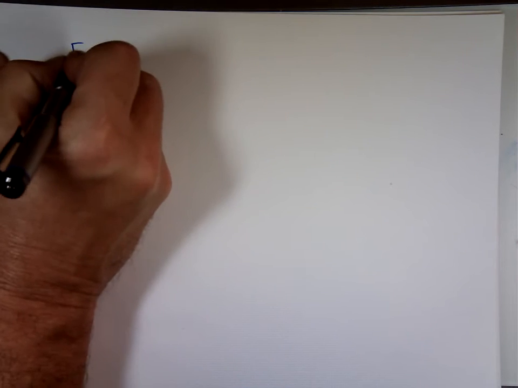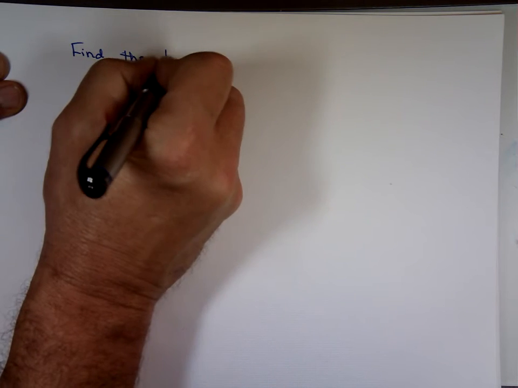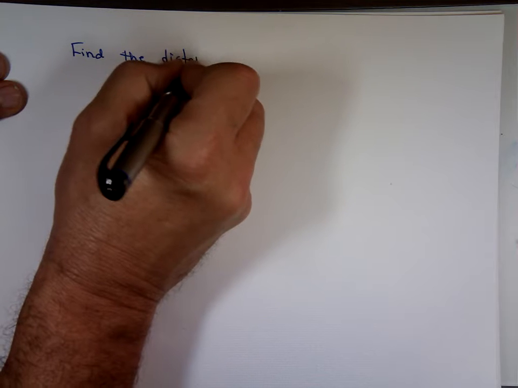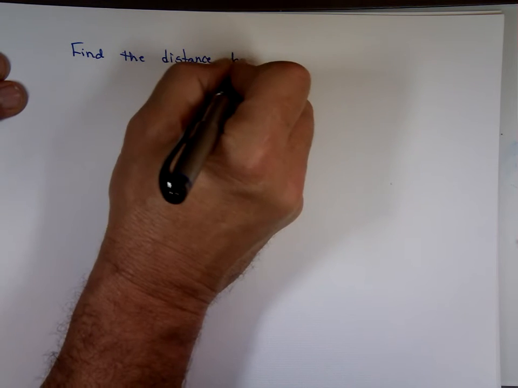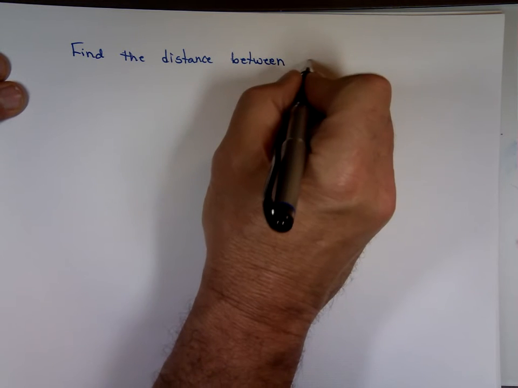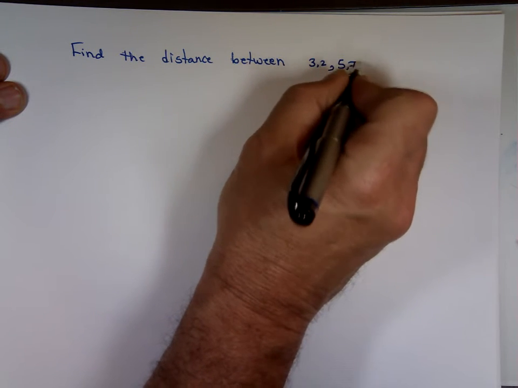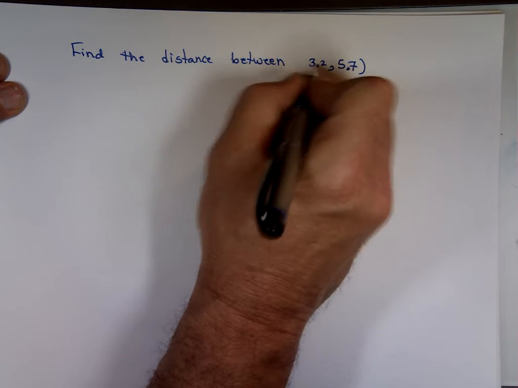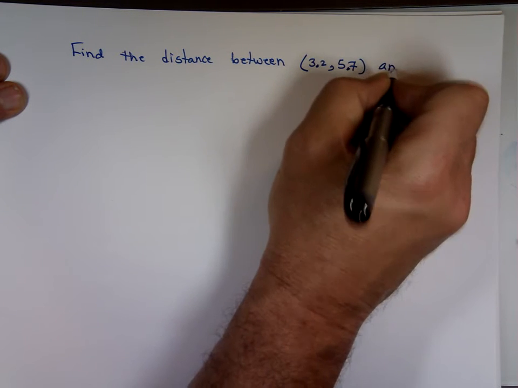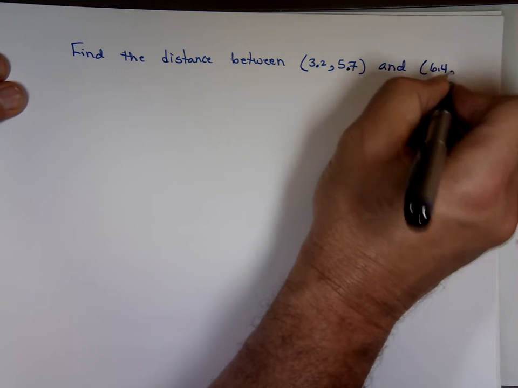Like this one. Find the distance between 3.2 comma 5.7, I'll use decimals intentionally, and 6.4 comma 2.9.